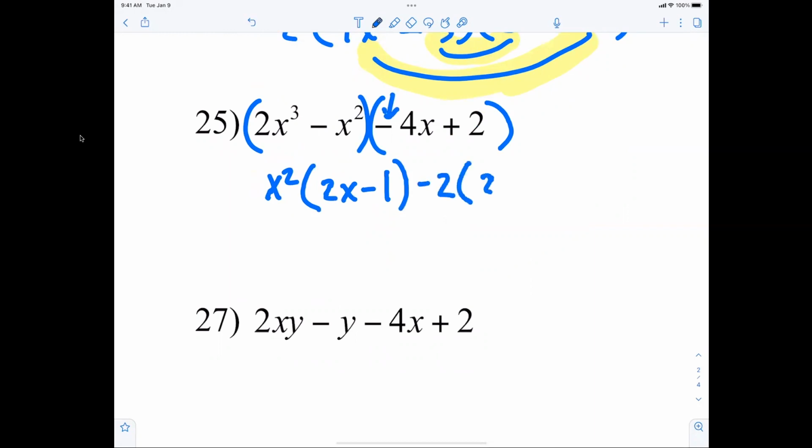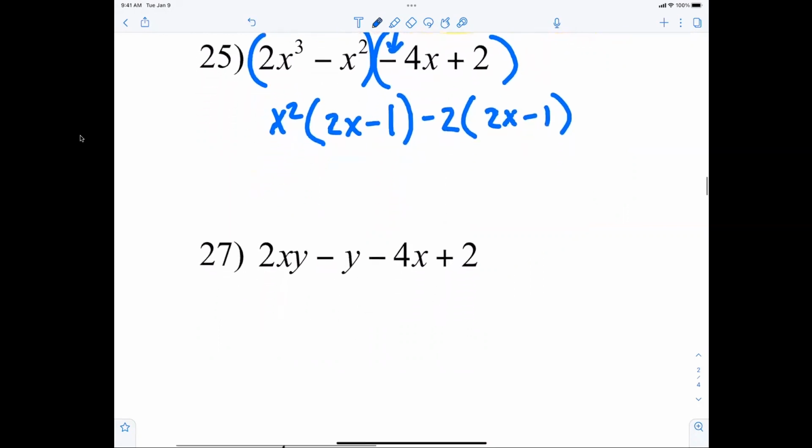And this becomes 2x minus 1. Now, what else is common here? Pull out the 2x minus 1. And you're left with x squared minus 2. The other one's basically the same. You should be getting better at it.